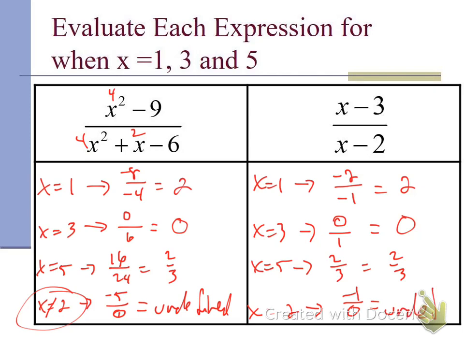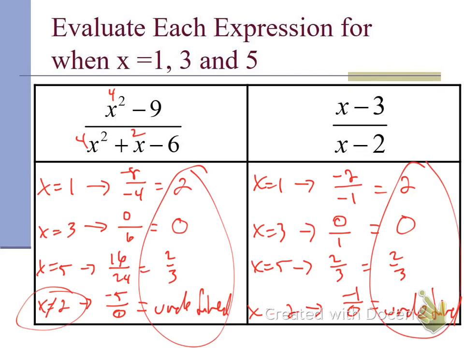This again is undefined. So if you look, our results are the exact same when we plug in those same numbers, 1, 3, 5, and 2. So on the right-hand side expression, x cannot be 2 either. That means that these two expressions are exactly the same. These are two fractions that are equivalent.